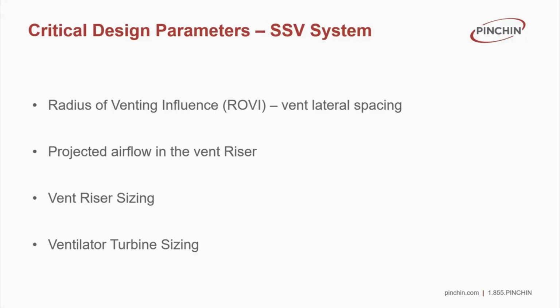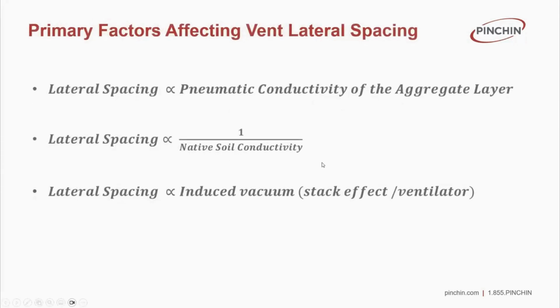When we are using a ventilator-assisted passive venting system, we want to know what size of ventilator turbine we need to install. Again, today I'm just talking about the venting system design, not the vapor barrier design per se, which is an integral part of a passive venting system.